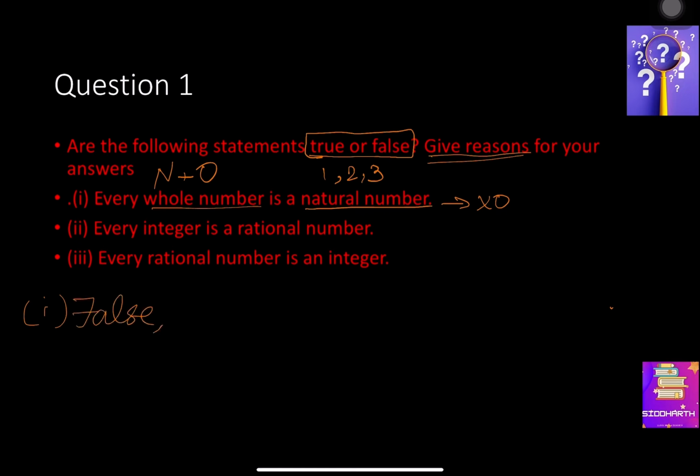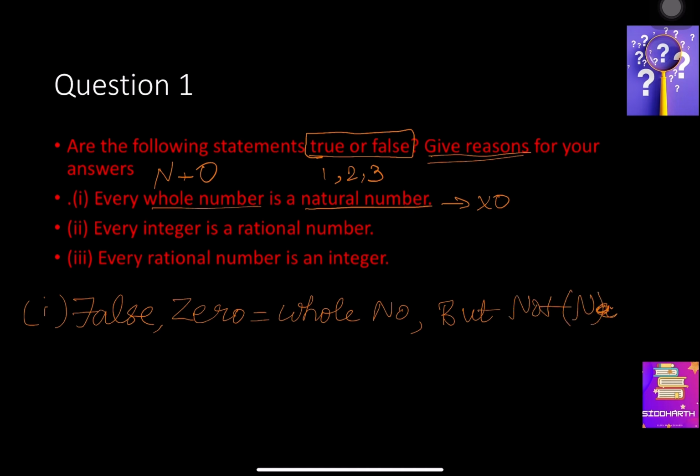Why is it false? 0 does not come under the category of natural numbers. 0 is a whole number, but not a natural number.